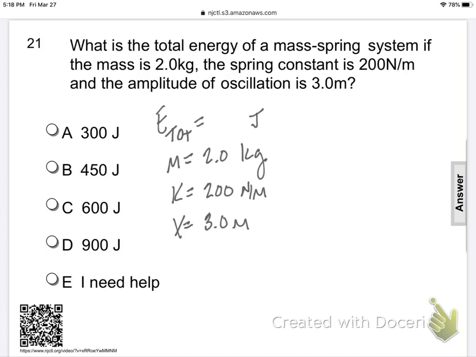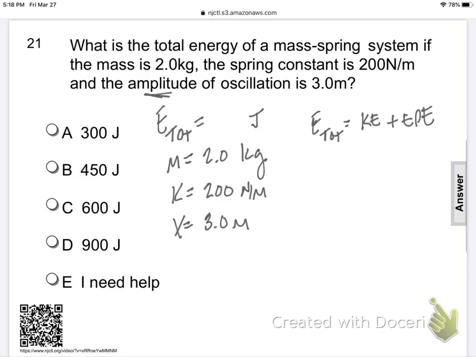So we can go back and say, okay, the total energy of a spring system is going to be the kinetic energy plus the elastic potential energy. Now they told us the amplitude of oscillation, which means it's the maximum amount this mass spring can be stretched. It's stretching that spring as far as it possibly can.